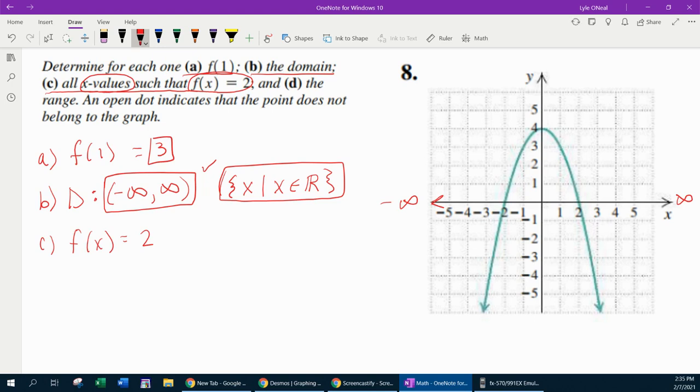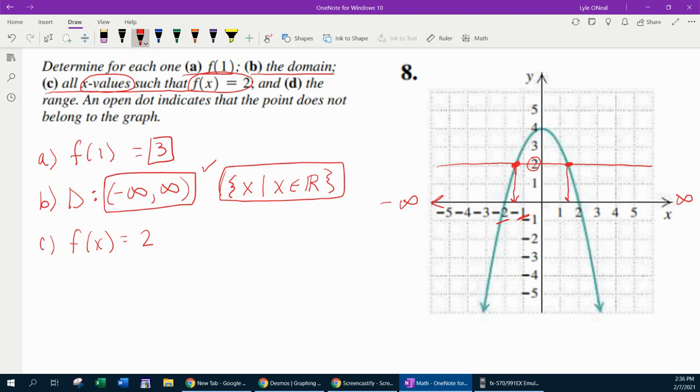And so we're going to have to go to where y is 2, and we're going to scan across. Notice that the graph exists at 2 points at a height of 2. And I also notice that if I go down to see where that is on the x-axis, it's in between -1 and -2.